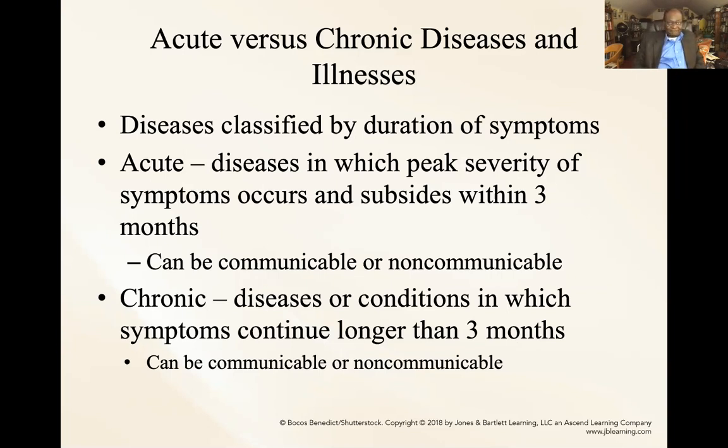Acute diseases are those in which the peak of severity, the peak when the symptoms are really at their highest, occurs and subsides within 3 months. Patient gets sick. Within 3 months, they experience all the symptoms, all the pains, and then it subsides.